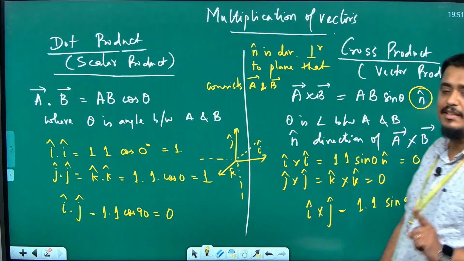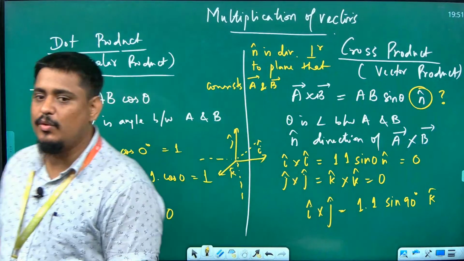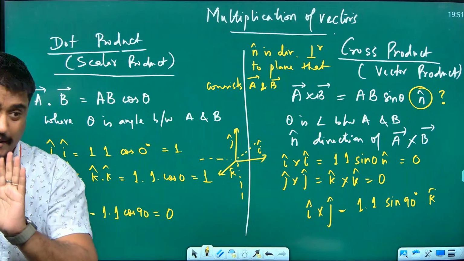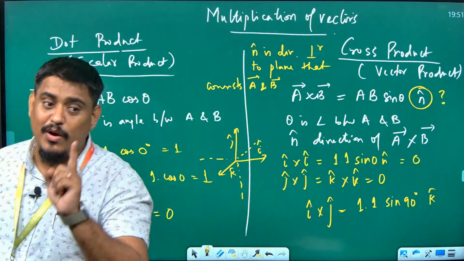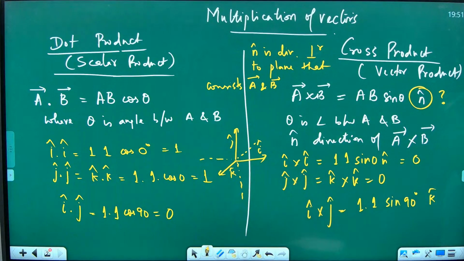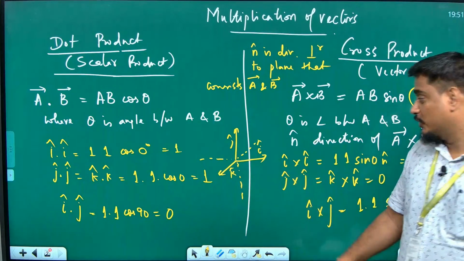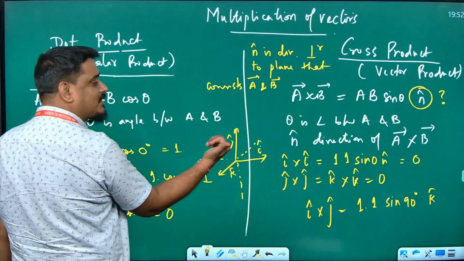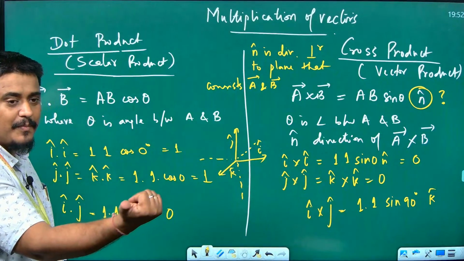For that, the concept says that whenever you are finding n cap, please pay attention. Whenever you are finding n cap, you have to place your palm where you start and take your palm to where you go. Your thumb will point towards the correct direction. So if it is i cross j, I start from x, I go towards y, it gives me k.